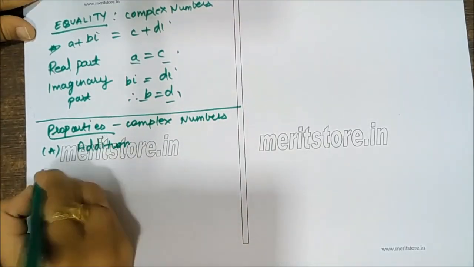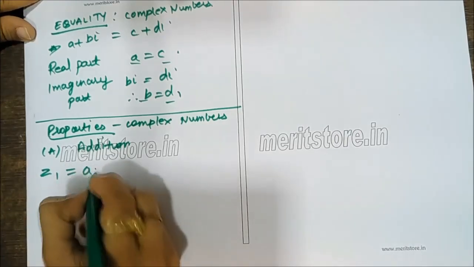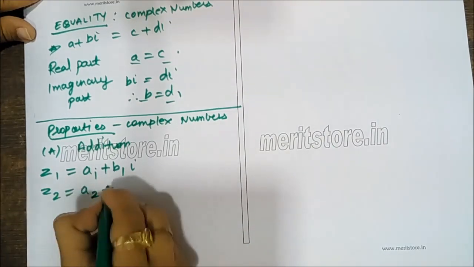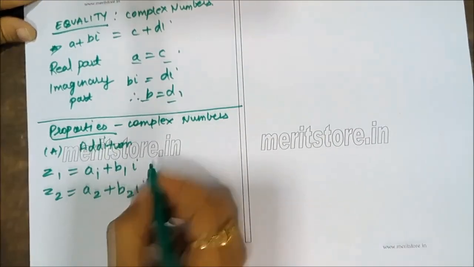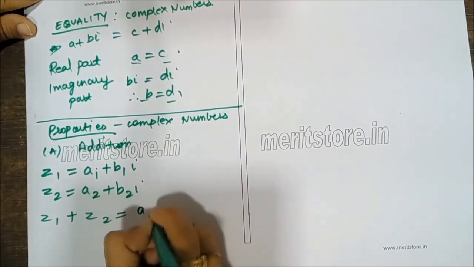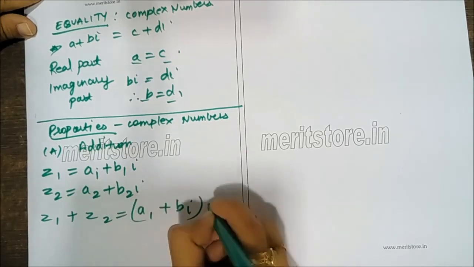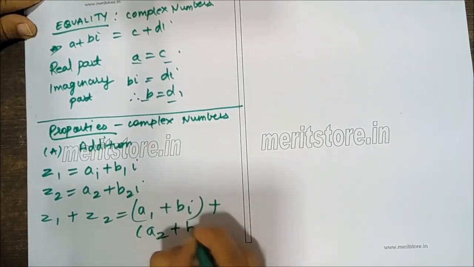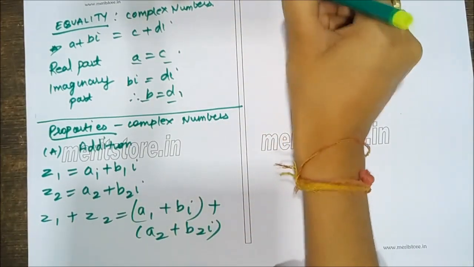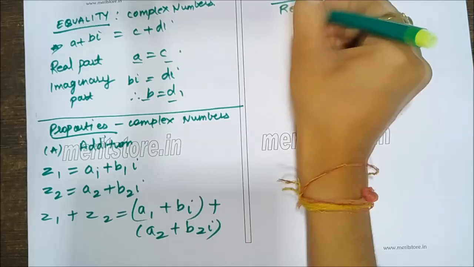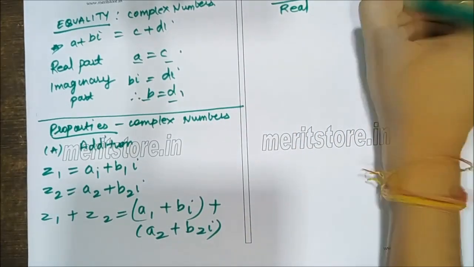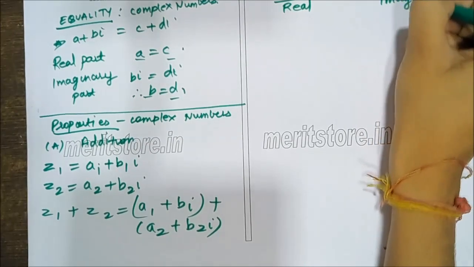If I am adding two numbers, let's say z1 is a1 plus b1i and z2 is a2 plus b2i, and when I am adding both of them, I'll write z1 plus z2 is a1 plus b1i plus a2 plus b2i. Hence here I would say a1 and a2 real part together, b1i plus b2i imaginary part together.